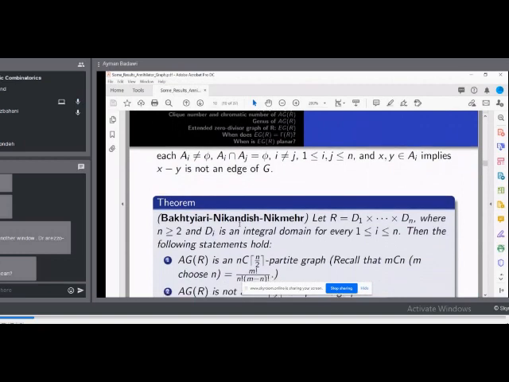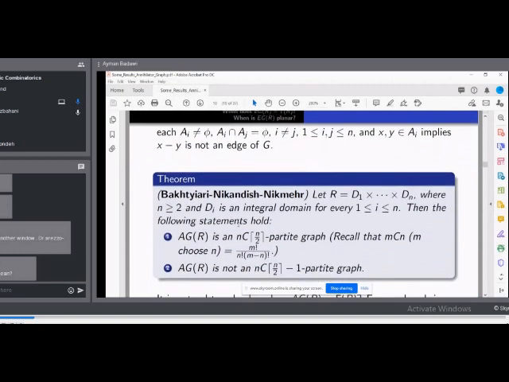Okay? Here is another result by the same 3 Iranian mathematicians about the annihilator graph. It has to do with, you know, like we know bipartite. Then you're going to ask when it will be tri-partite or things like that.